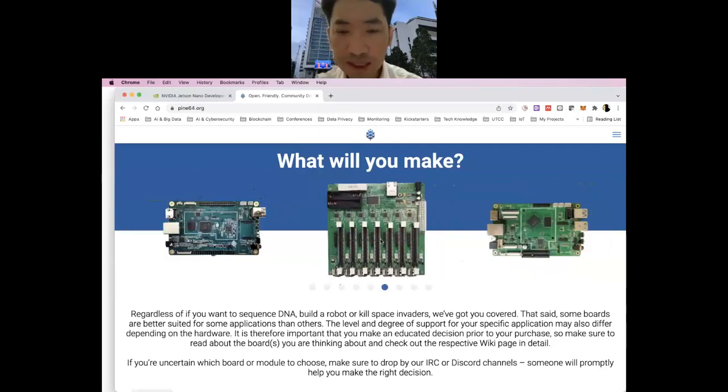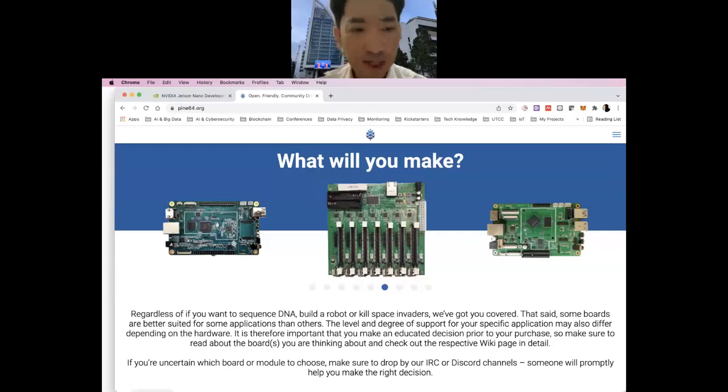Here is the board and there are lots of slots. You can put the CPU cards into these slots, so you can make a cluster of embedded computers using a board like this. You can see that embedded systems are very advanced nowadays, and quite cheap.